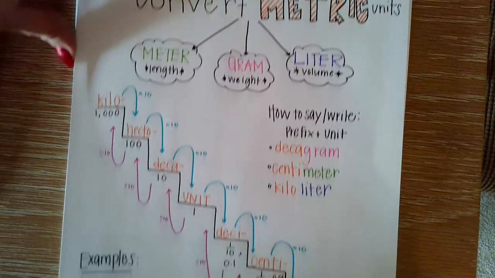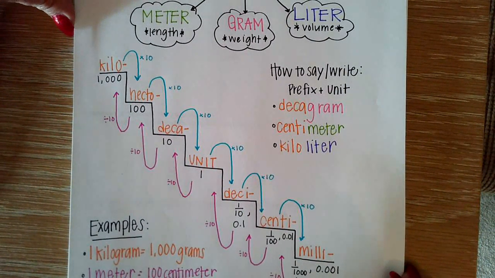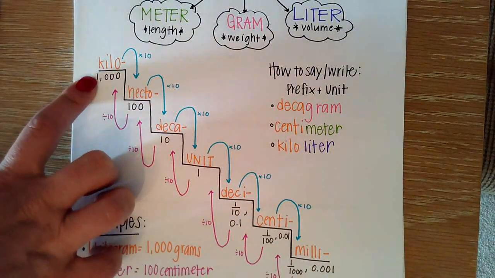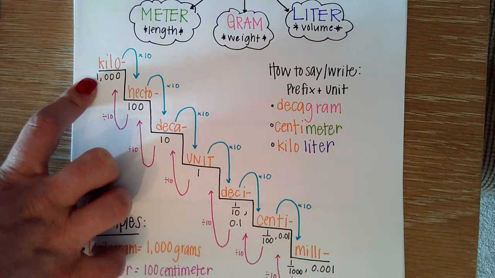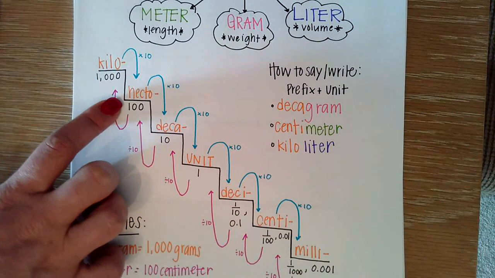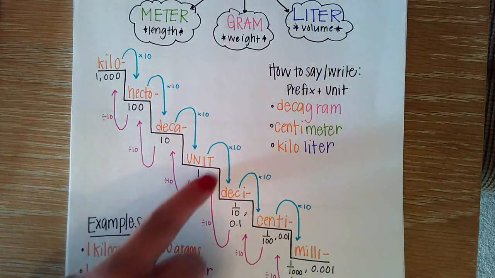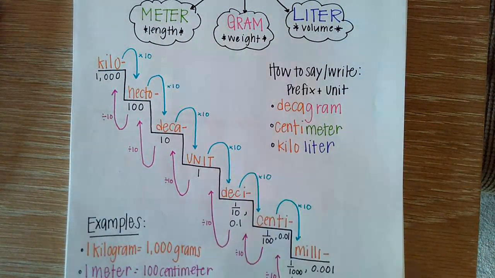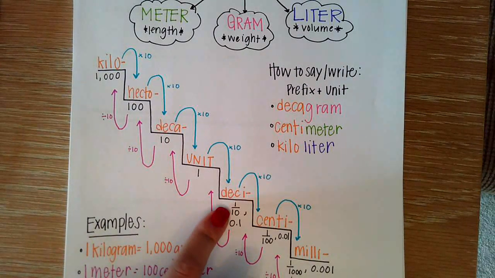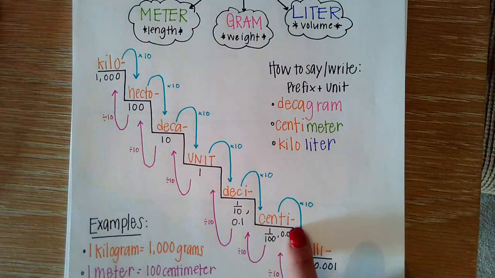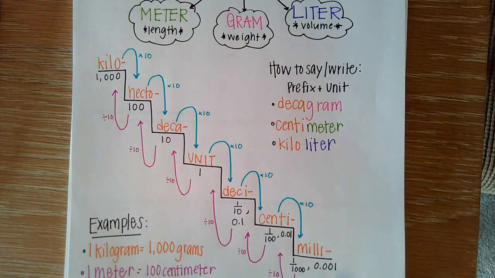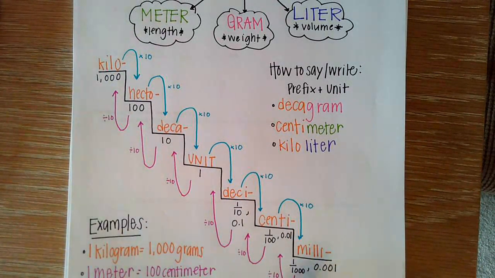So let's take a look at our prefixes here. We'll start with kilo. Kilo means 1,000. Hecto means 100. Deca means 10. Our unit is our 3 base units. Deci is 1/10. Centi is 1/100th. And milli is 1/1000th.